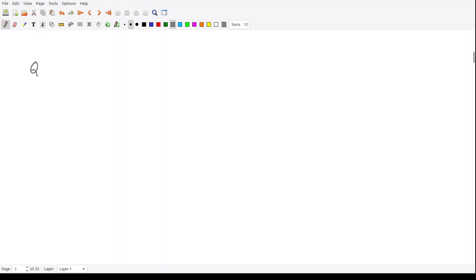So second question, it says that if vector r is given to be 5 t square i cap plus t j cap minus t cube k cap. So this vector r is given to us.